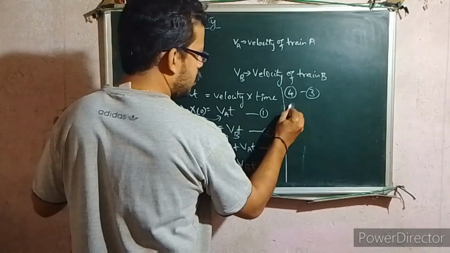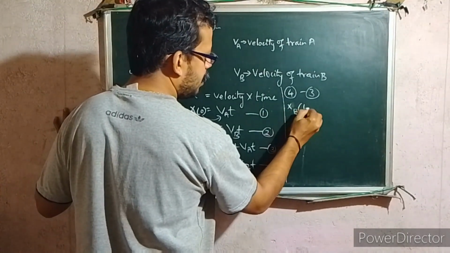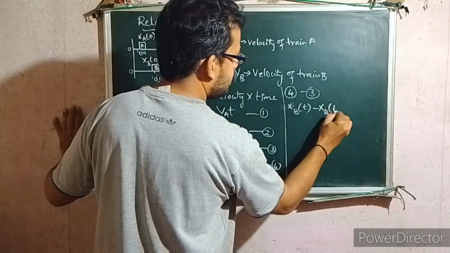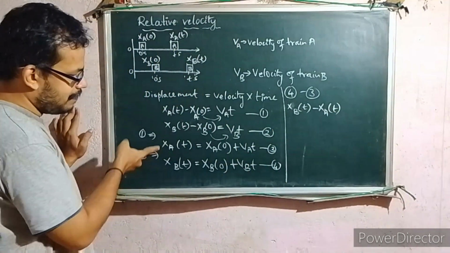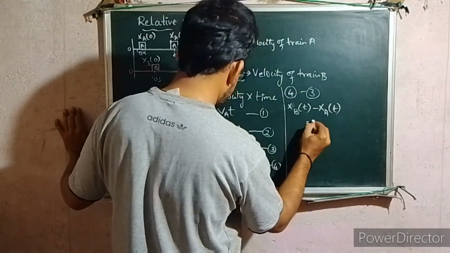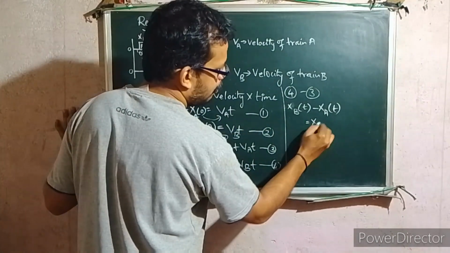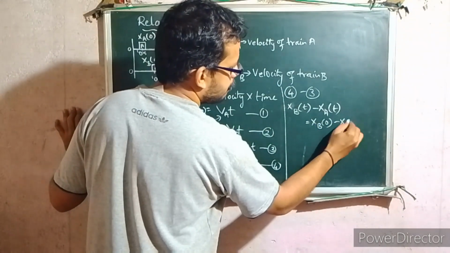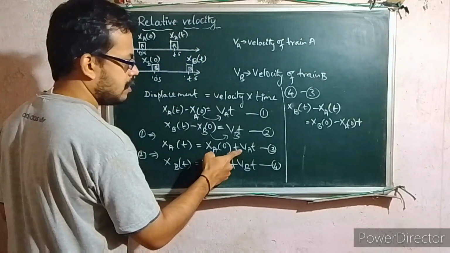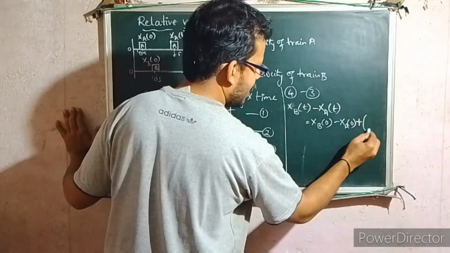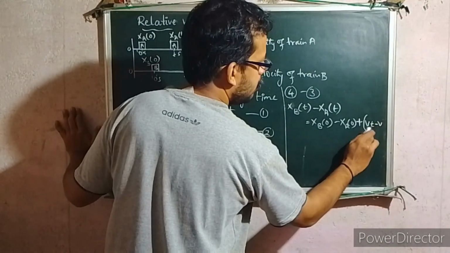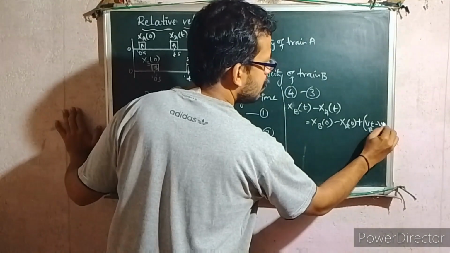That will give me, on the left hand side, XB of t minus XA of t. The right hand side is XB of 0 minus XA of 0 plus, within the bracket, VB into t minus VA into t.